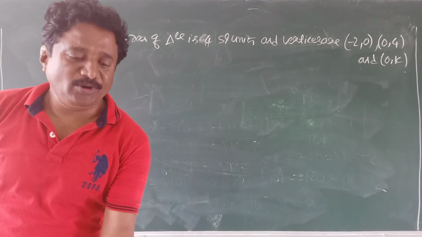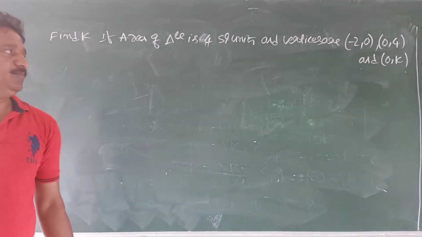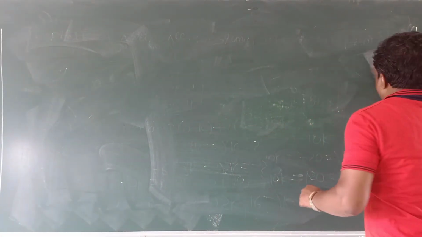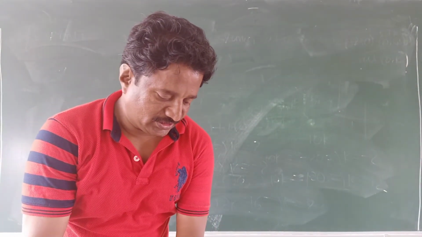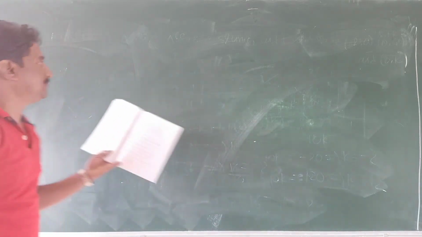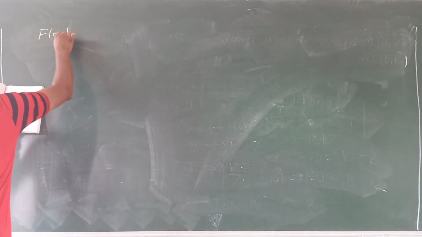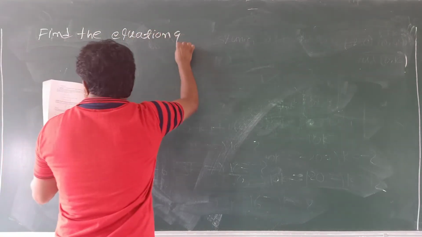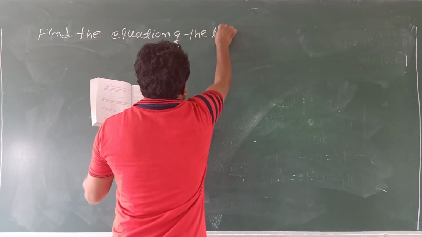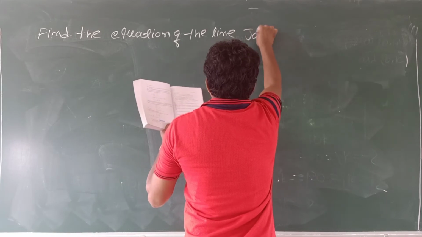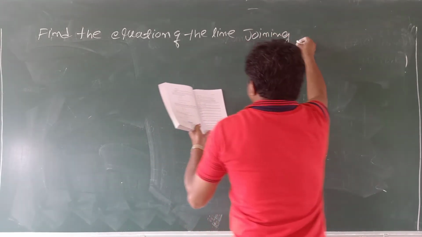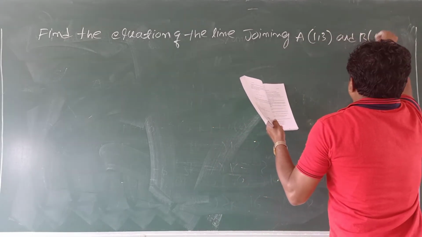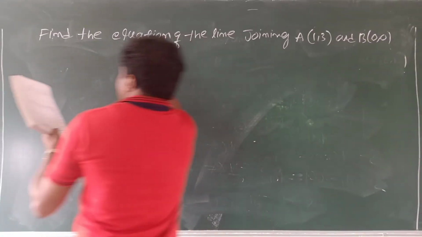Let us solve one more type of question. First question: find the equation of the line joining A (1, 3) and B (0, 0) using determinants.